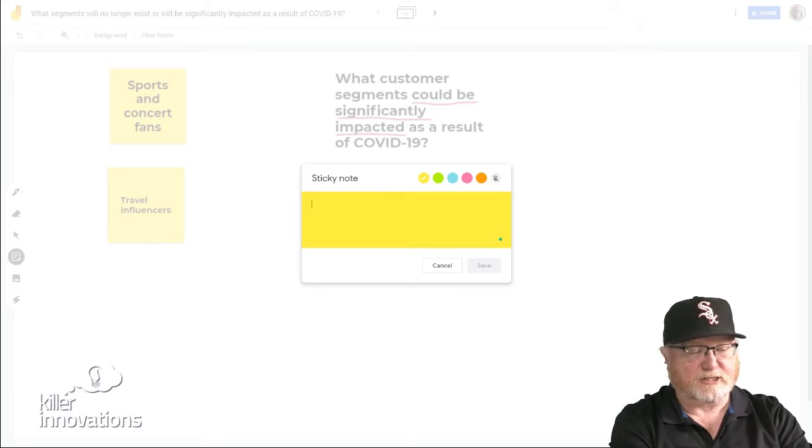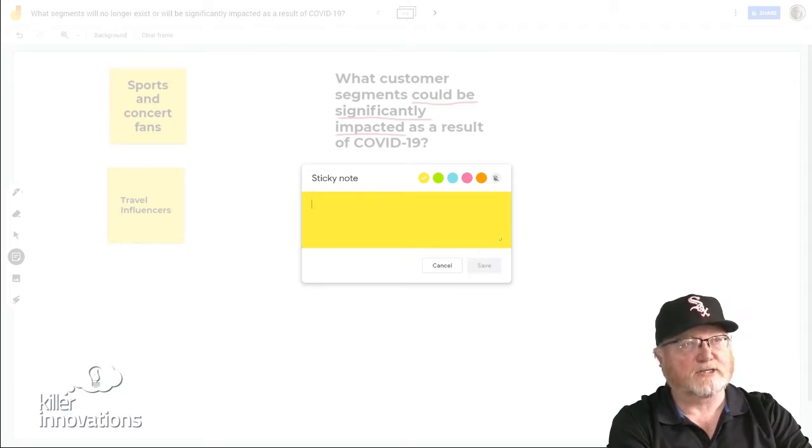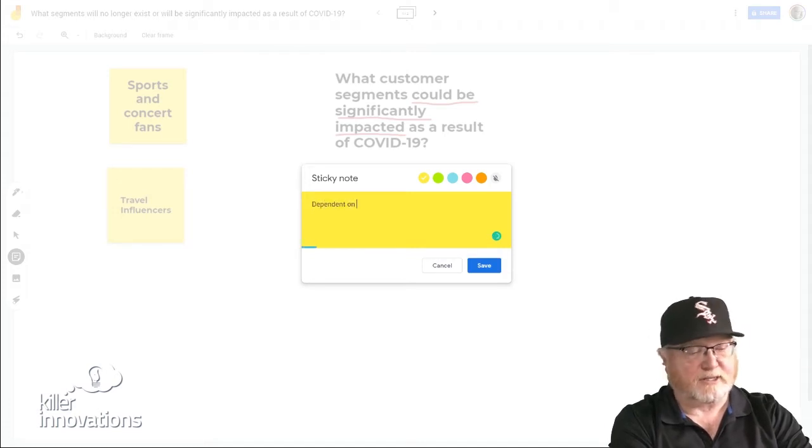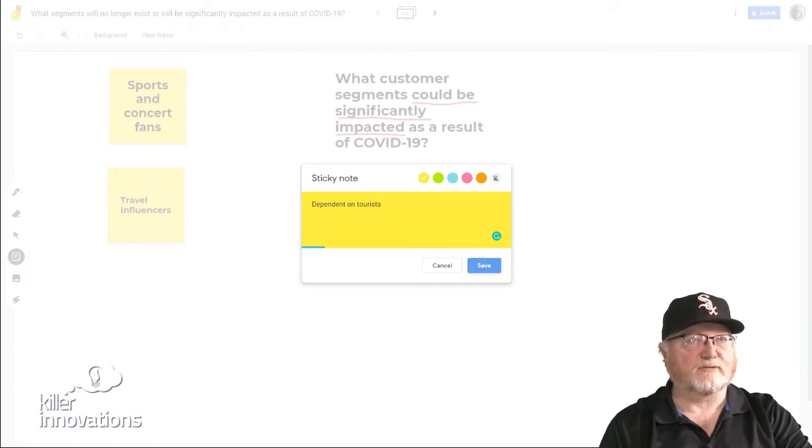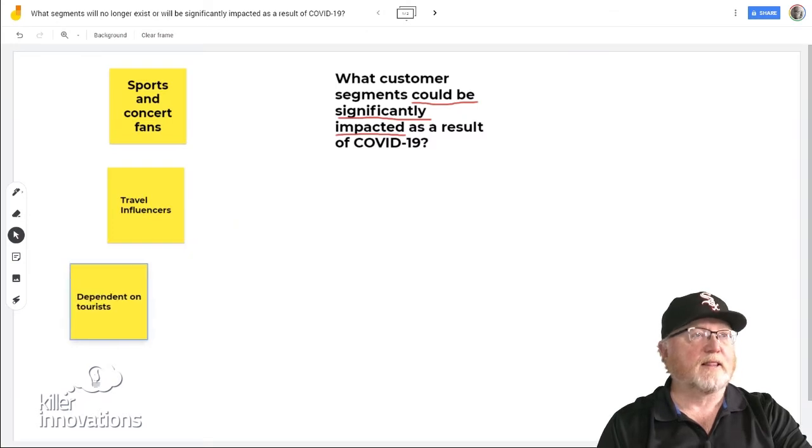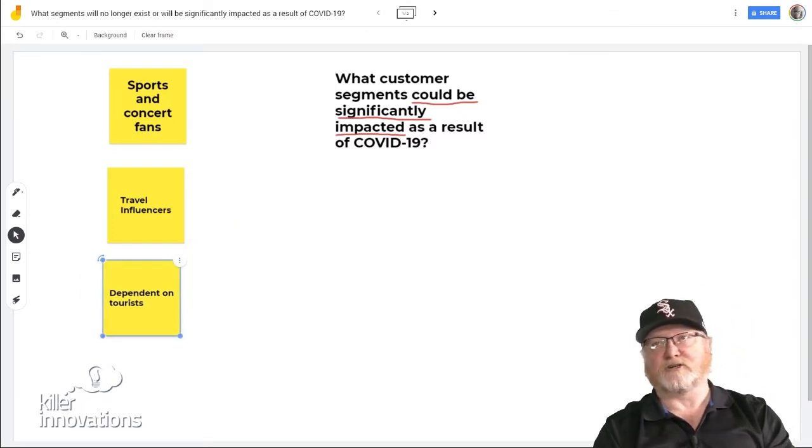The other is there's going to be those businesses that are dependent on, I don't know what to call it, I guess tourists would be the way I would word it, right? So this is a wide range of businesses that are dependent on tourists.